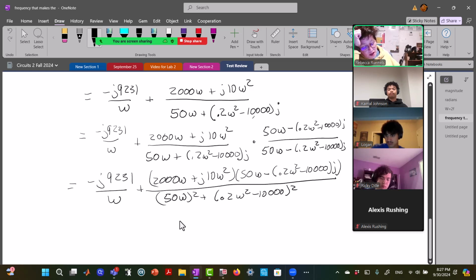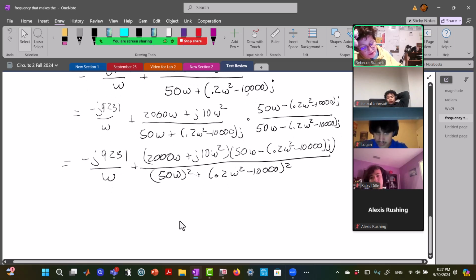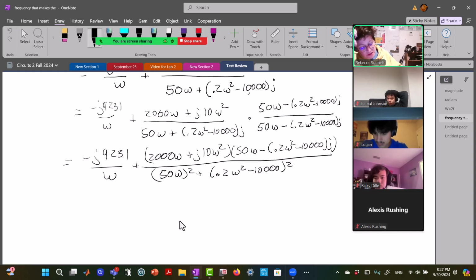Okay, so what I'm going to do with this problem is stop here because I'm going to tell you how you would go about solving it, but he's not going to give you one with this much math on it on the test. But I wanted to tell you the steps, because what you would do at this point is you would get a common denominator.